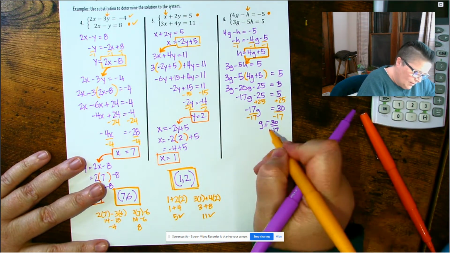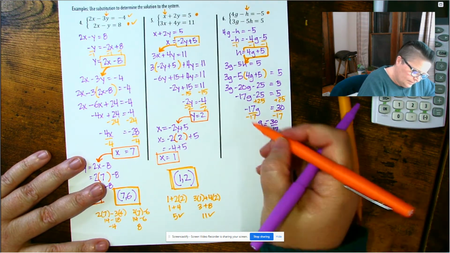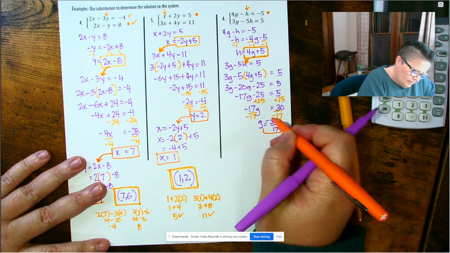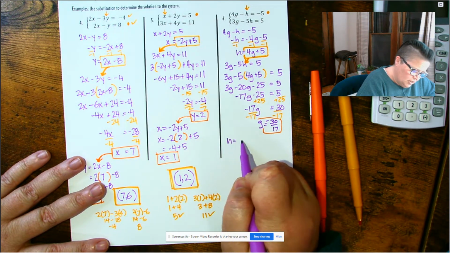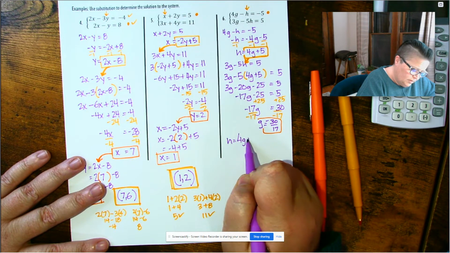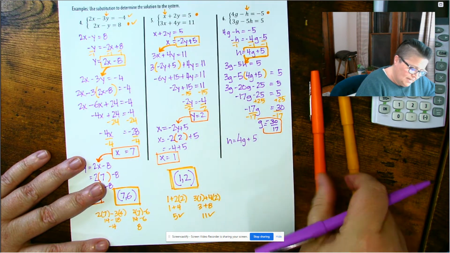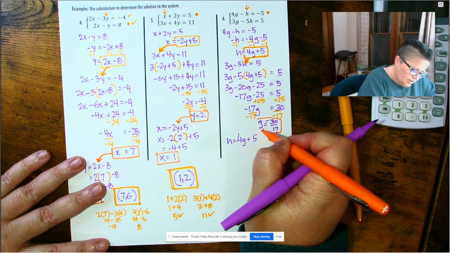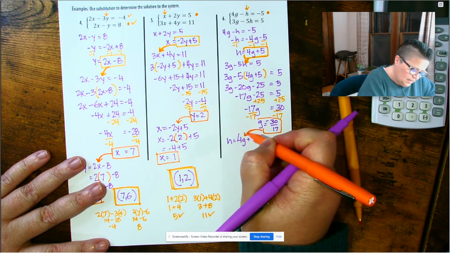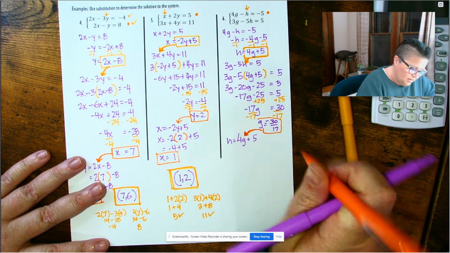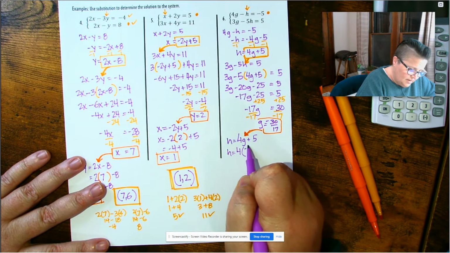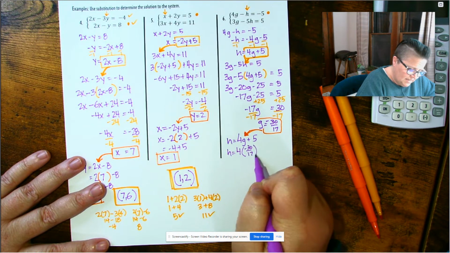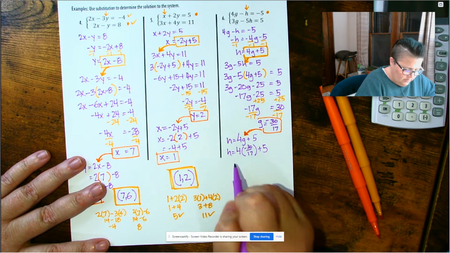Okay, so now I know what g is. Since h is 4g plus 5, I can take that negative 30 over 17 and put it in for the g. Oh, it's not going to be pretty. So h is 4 times a negative 30 over 17 plus 5.